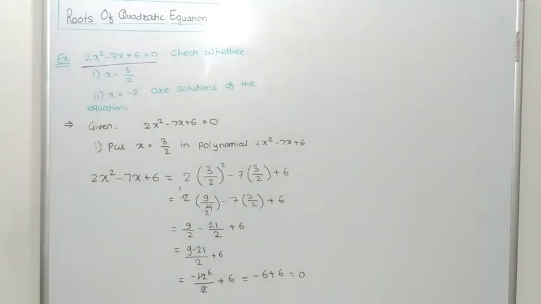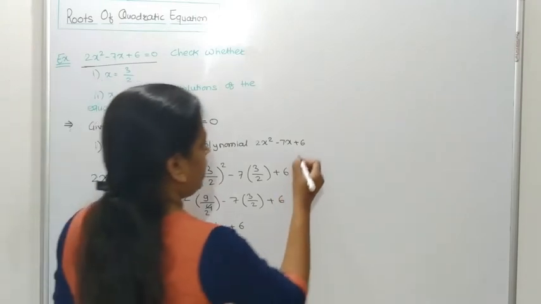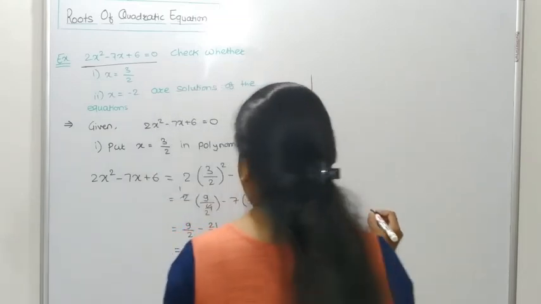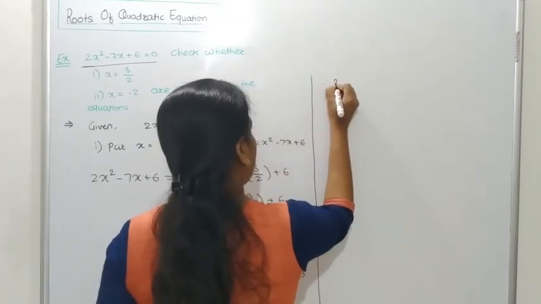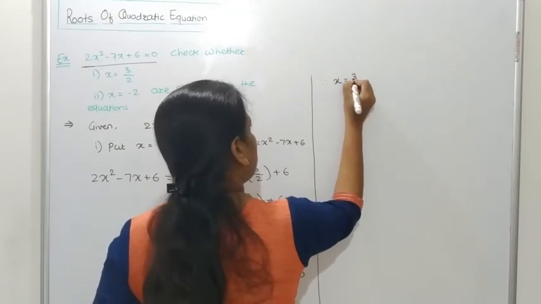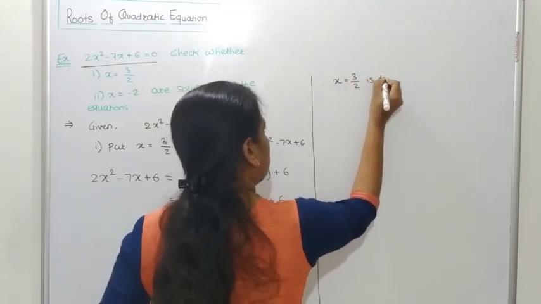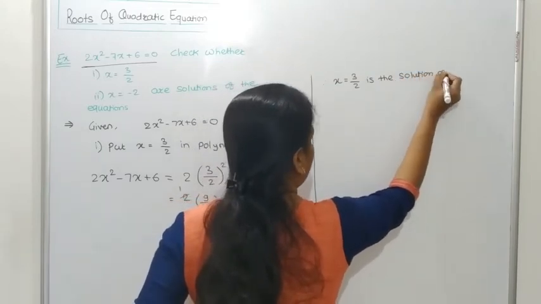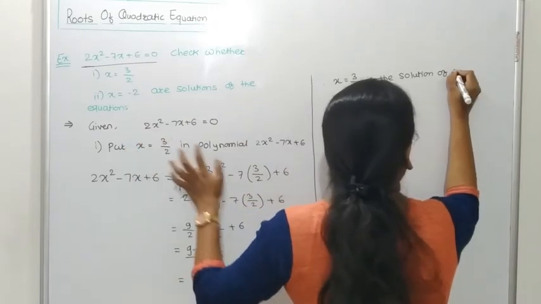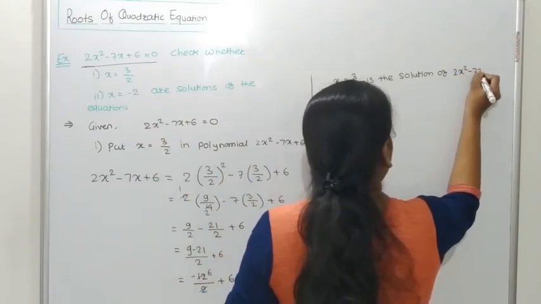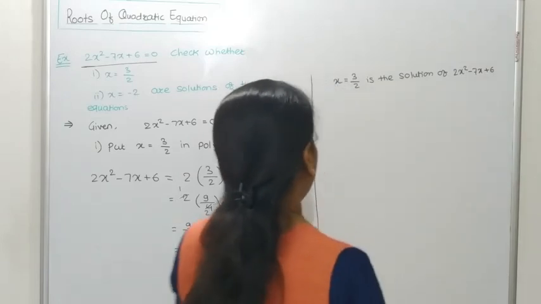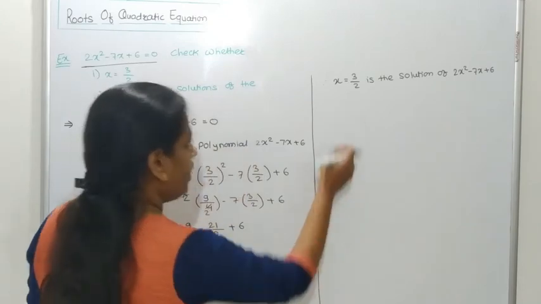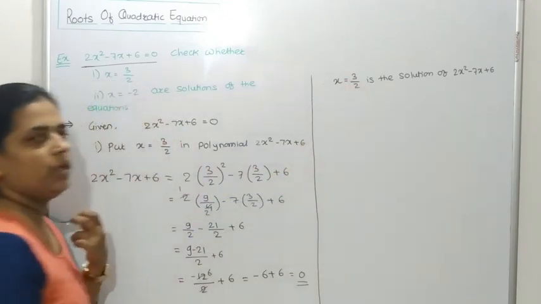That means we have to write it like this: therefore x is equal to 3 upon 2 is the solution of 2x square minus 7x plus 6. This is for the first part. Since we get 0, we can write that x is equal to 3 upon 2 is the solution of the given equation.